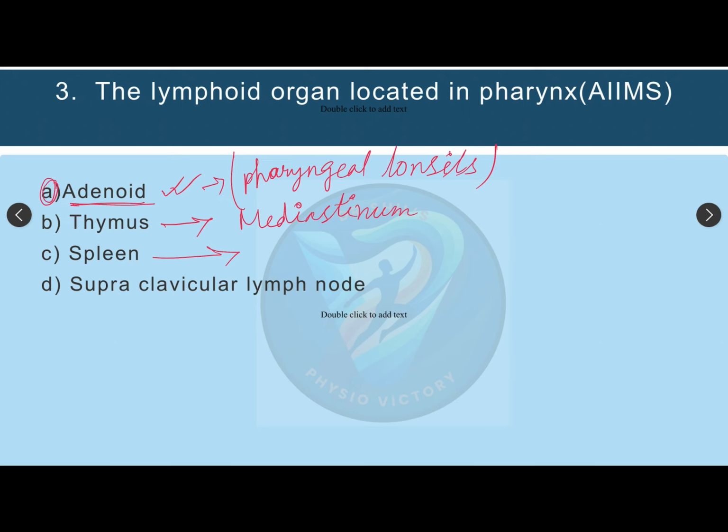Spleen is located in the left hypochondrium, and supraclavicular lymph node located above clavicle.